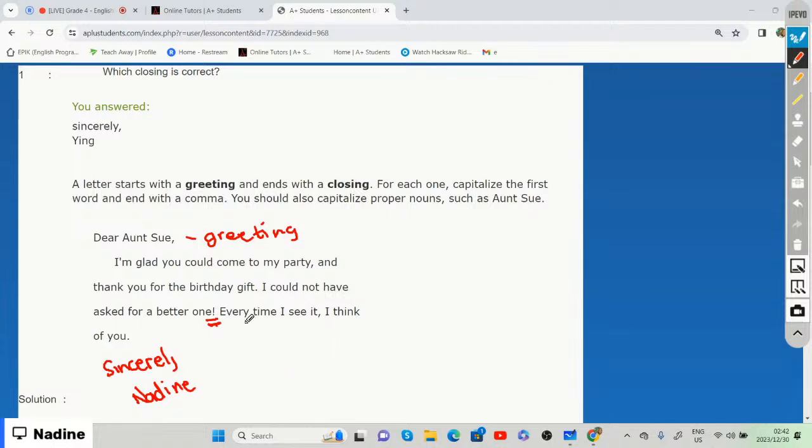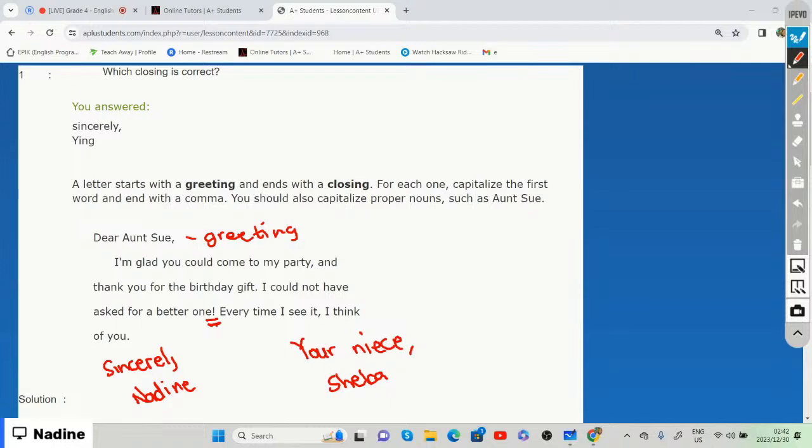Or sometimes, if, for example, this is Auntie Sue's niece, you can maybe say your niece and you write your name. I'm just going to give, let's say, Sheba, right? But you need to close off your letter.